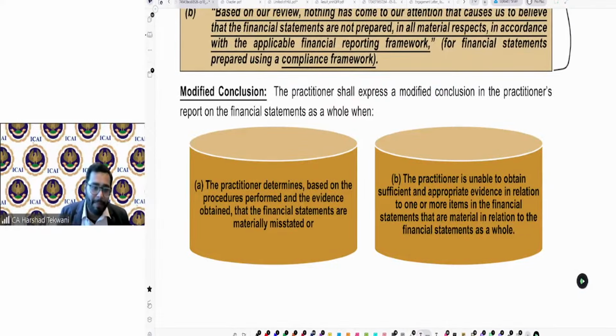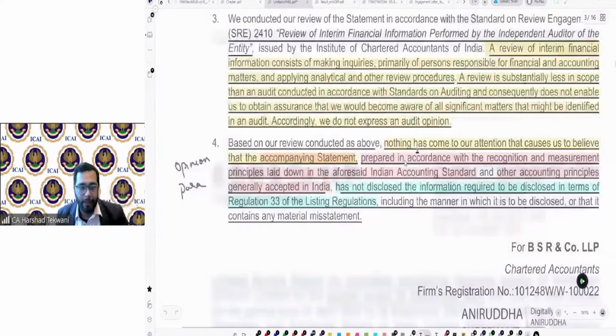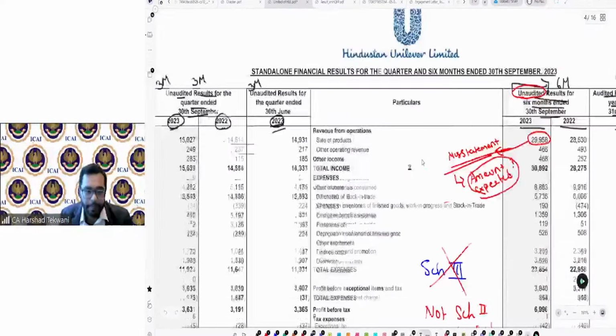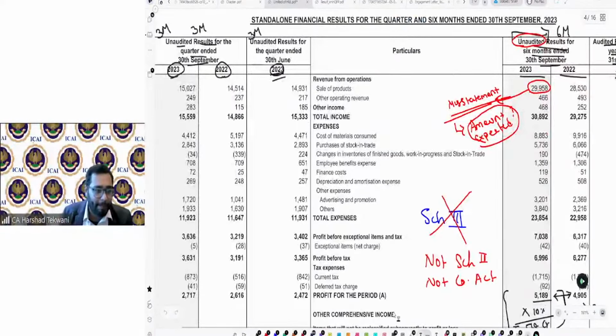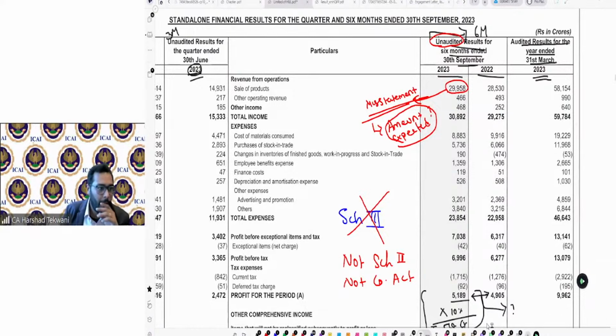Let's say for example, I perform the inquiry, I perform analytical procedures. I'll give you a hypothetical example of how you can get a misstatement through inquiry and analytical procedures. I'm not saying that it is present actually in this particular financial statement, but it's a hypothetical example.